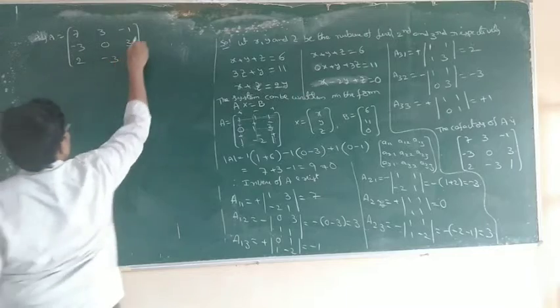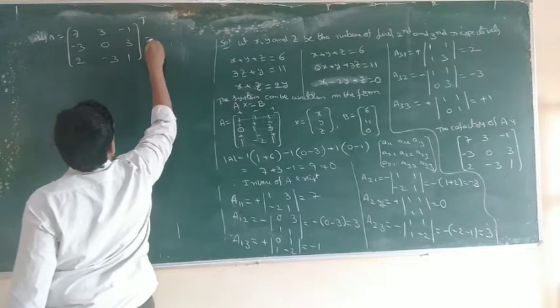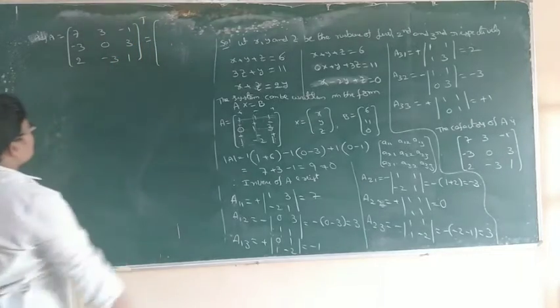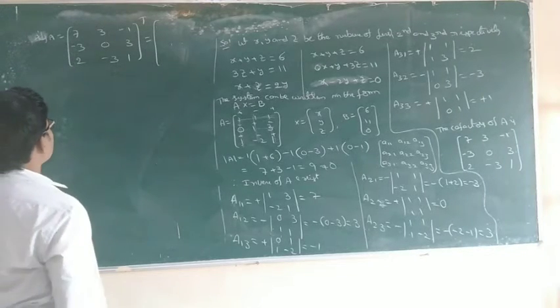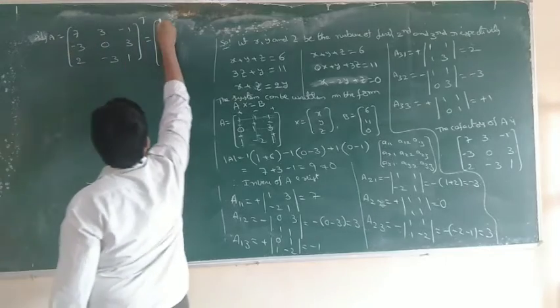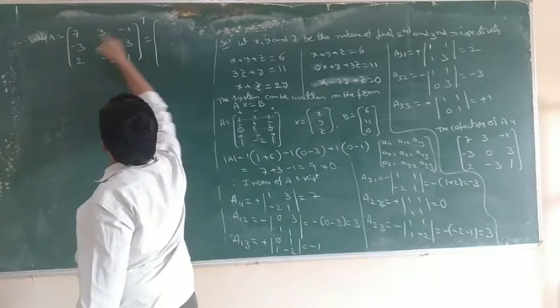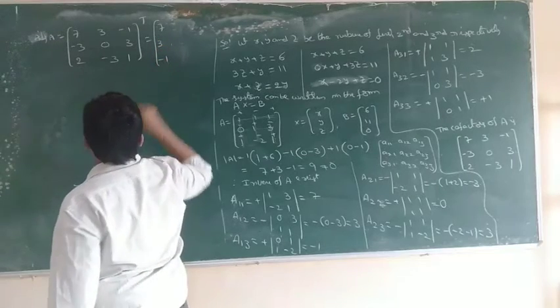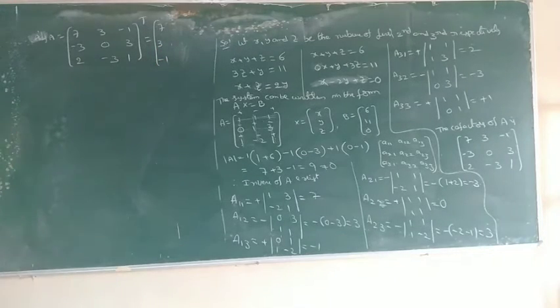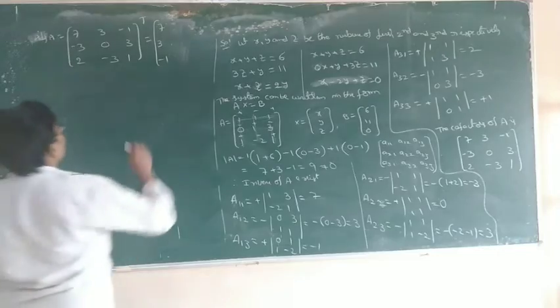Transpose means rows interchange to columns. So the first row becomes the first column, 7 3 minus 1. This is the transpose, interchanging the rows and columns.